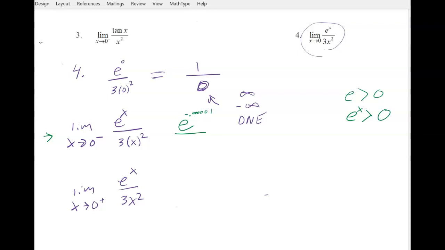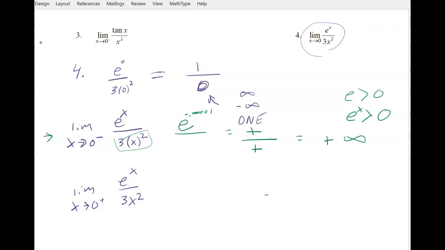So you're never going to get a negative value out of that, no matter which side of 0 you're on. So what you've established there is coming from the left, the top is positive. Now the bottom, you have x squared. That's always going to be positive. So here again, the bottom is positive, you get positive infinity.